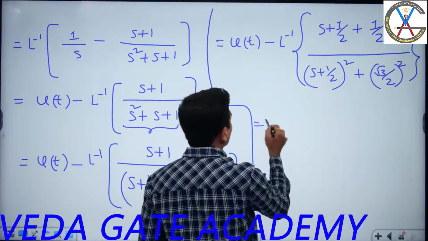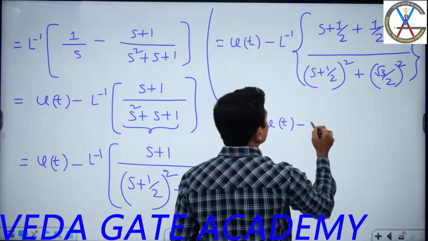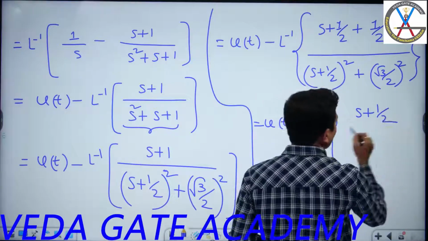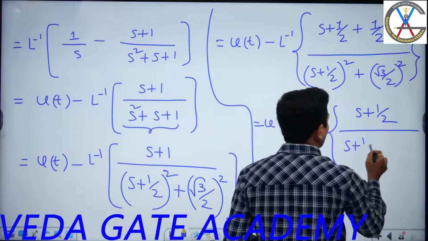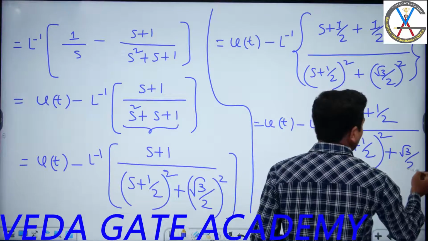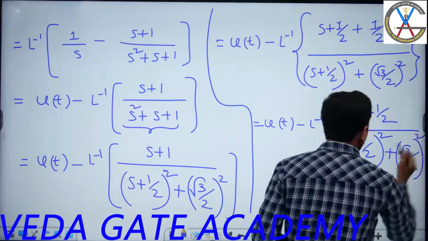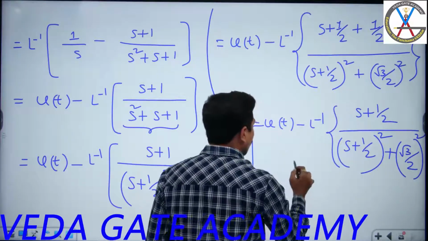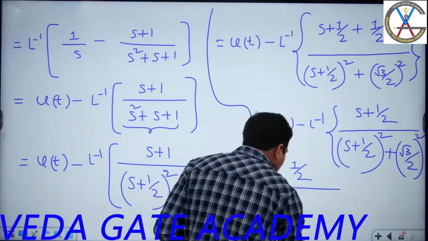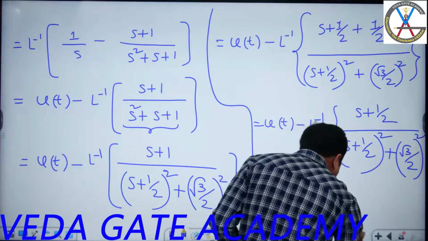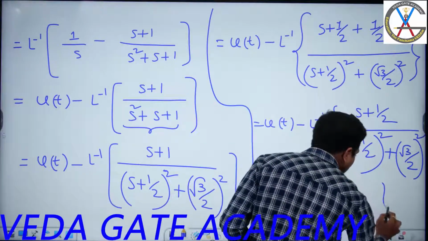That is equal to u of t minus L inverse of, split like this, (s plus 1 by 2) by ((s plus 1 by 2) whole square plus (root 3 by 2) whole square) plus this bracket, (1 by 2) by ((s plus 1 by 2) whole square plus (root 3 by 2) whole square). We close this bracket.